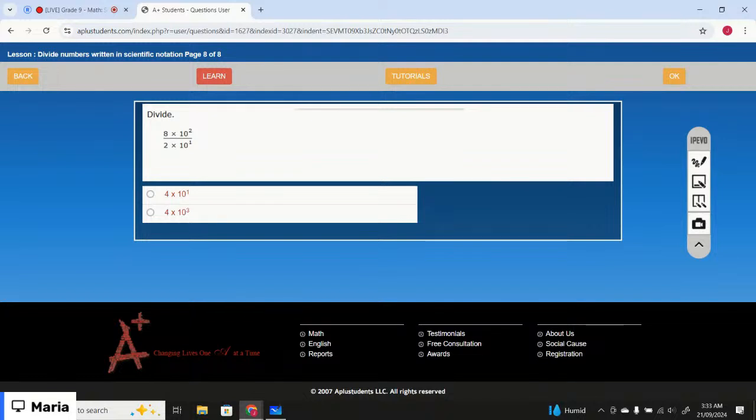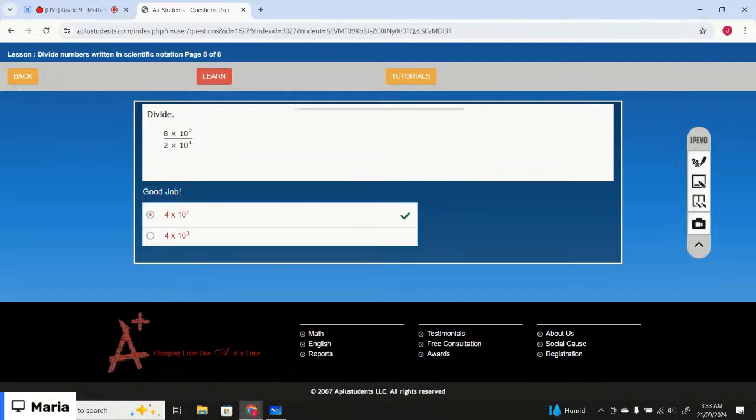The correct option is 4 times 10 exponent 1, option number 1. Yes, 1 is the correct option. Very good. Okay, we are done with the lesson. Let's just move on to the next one.